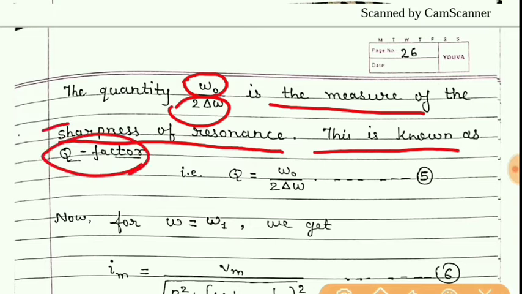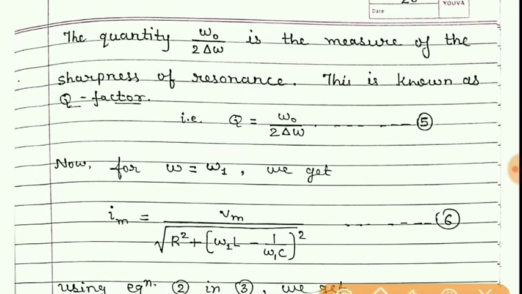This means the sharpness of resonance is given by the Q factor. So we can write Q equals omega naught upon 2 delta omega.